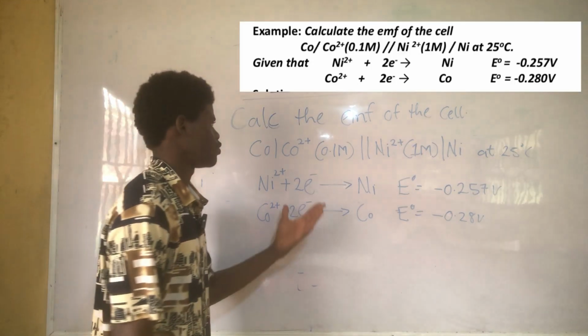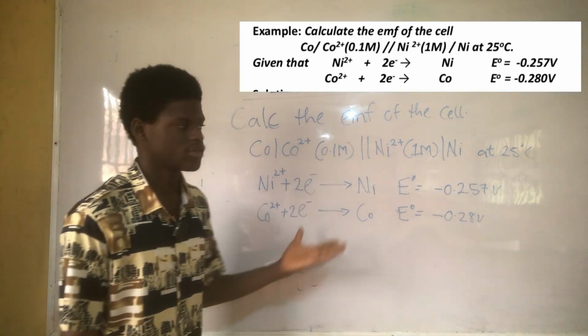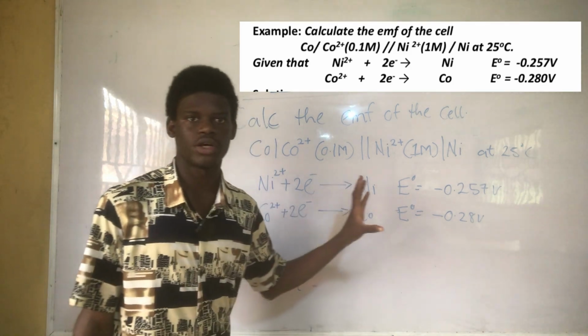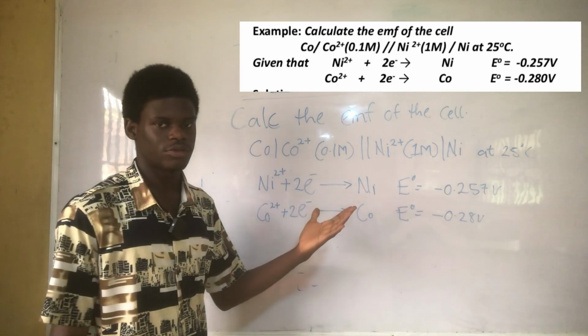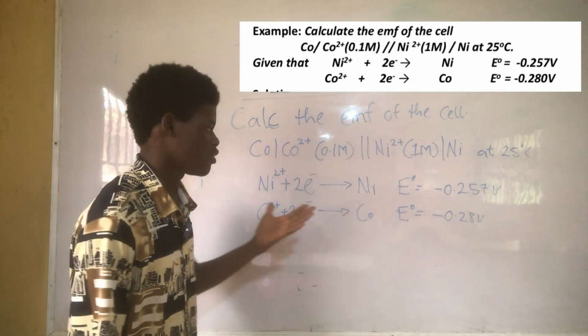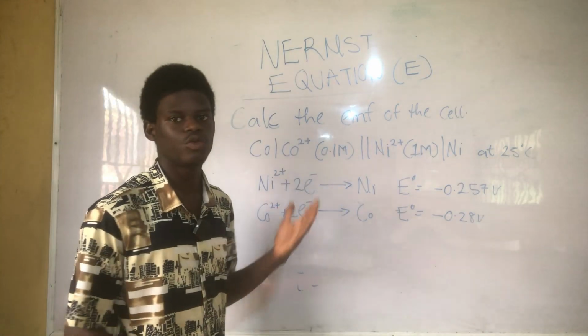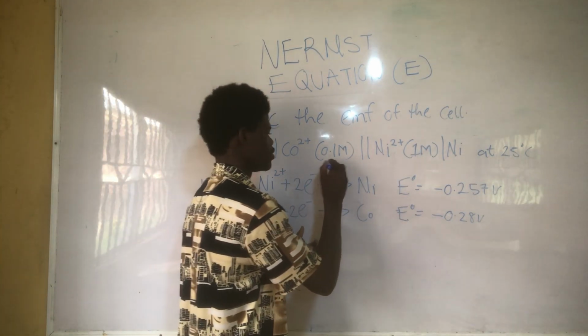Looking at this now, if they tell you to find the EMF of this, and you just go ahead restructuring your equation and adding it up, you get an answer, but the answer will be incorrect because that's not how to go about it. Here they asked us to find the EMF of the cell. How do you know whether we are to use the Nernst equation or not? You have to look at the concentrations given.